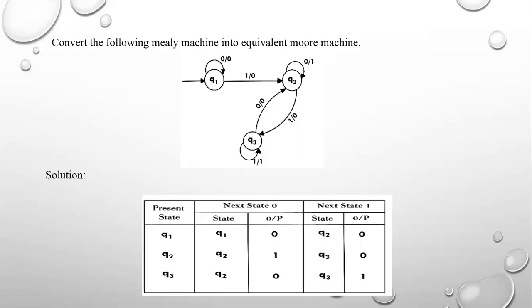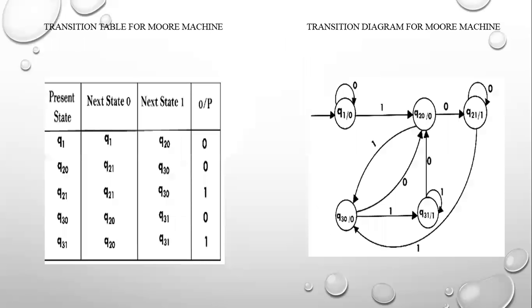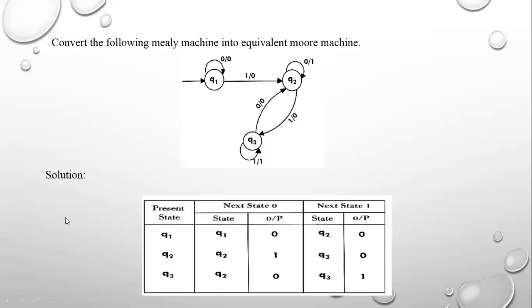Now the entire machine should be reconstructed, and the states should be changed. So Q1 stays as it is. Q2 is divided into Q20 and Q21, and Q3 is also divided into Q30 and Q31. Q1 has only one output, that is 0.